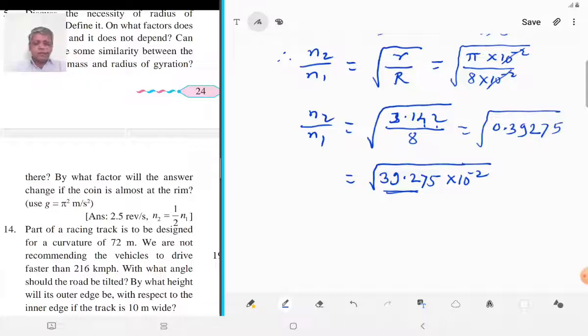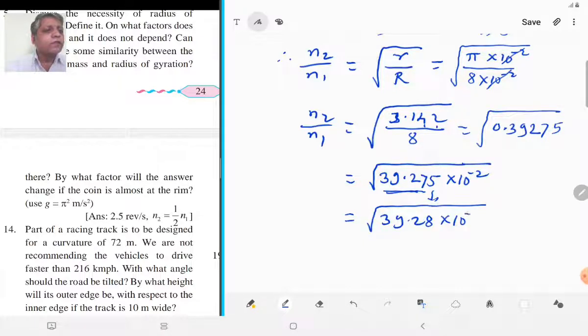In that case, we use only 4 digits. The fifth digit is here 5. See the previous digit. The previous digit is 7, which is an odd number. Therefore, here we add 1 to the previous digit, and that is equal to 39.28 into 10 raised to minus 2.